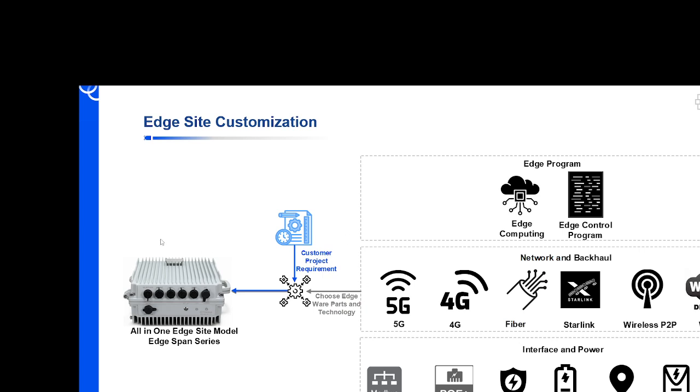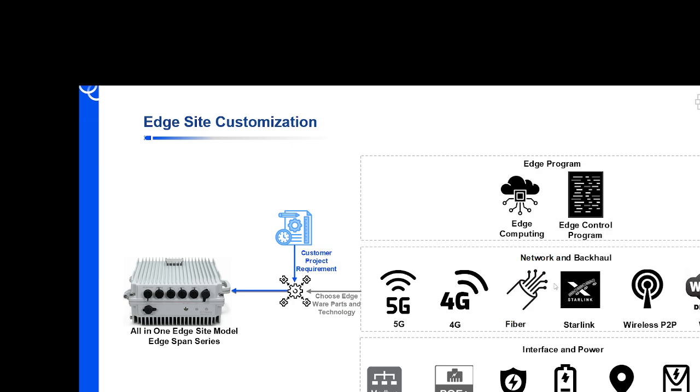So you see that this is our customization. First, we have a lot of interfaces and powers. We have different modules: Modbus, PoE, breather, battery, GPS, UPS, solar controller. We also have modules like 4G, 5G, and Ethernet fiber uplink.